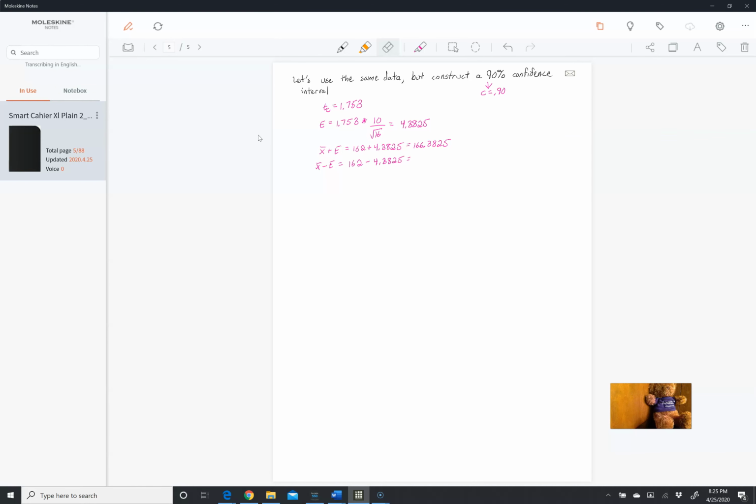So 162 minus 4.3825, and we get 157.6175. So what's our interval? 157.6175, or if you wrote it as 157.62, I would still give you full credit, but you shouldn't round more than the nearest hundredth, okay?